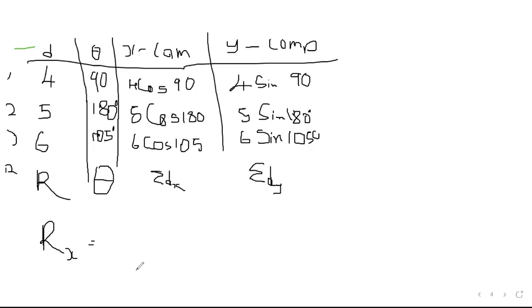So 4 cos 90 is 0, meaning that the 4 meter movement had no component in the x-axis. So that's 0, plus 5 cos 180, which is -5, plus 6 cos 105, which is also -1.55, correct to 2 decimal places.